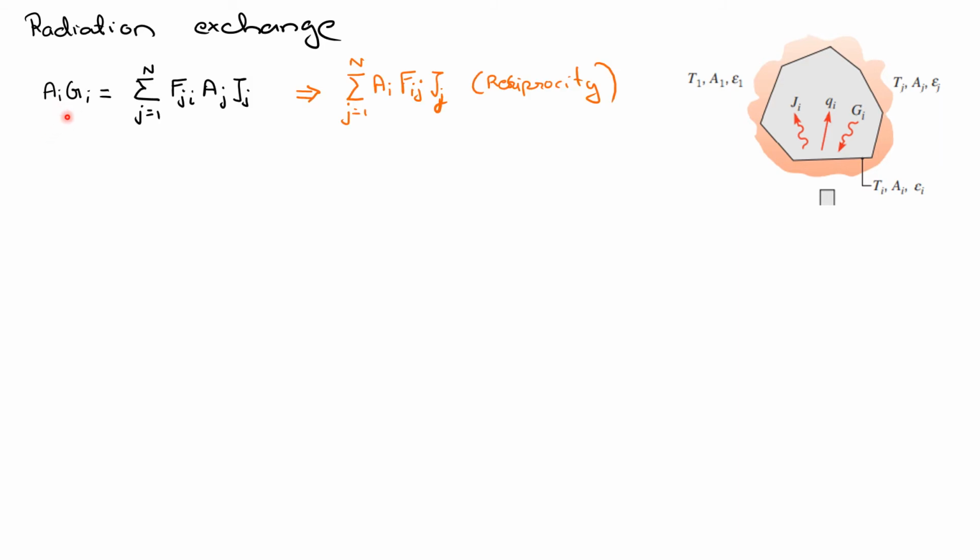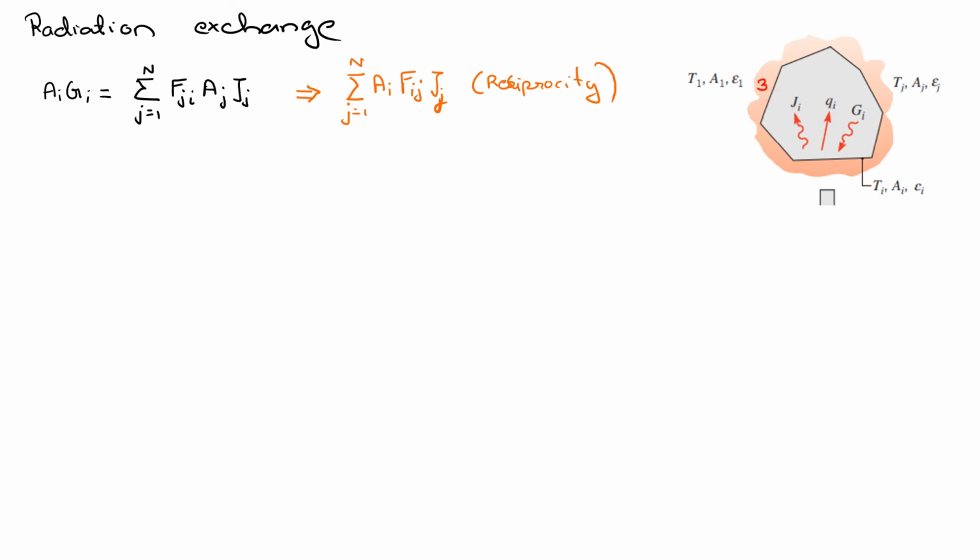The irradiance on surface i, so let's say this is the surface i, will be the summation of whatever is emitted by all the surfaces. So Ji is what is emitted from all the different surfaces times the view factor.